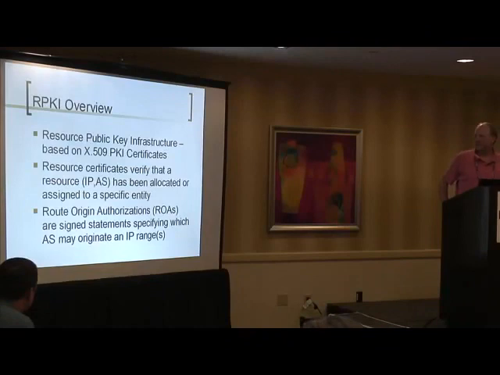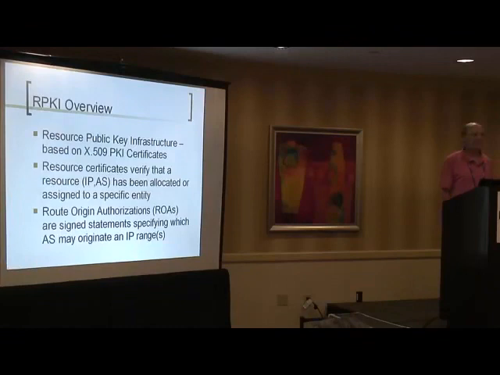These are specific extensions that have been documented in RFC 3779, I think. And then those are in turn used to sign what are called route origin authorizations. This is just one use of the resource certificates; they can be used for other things. But right now, a lot of work has been put into these ROAs.